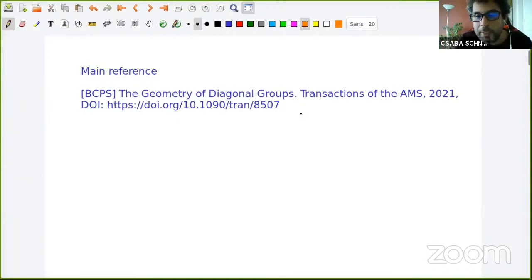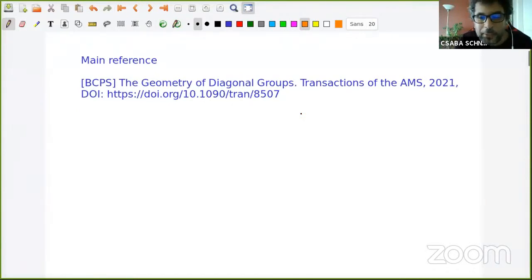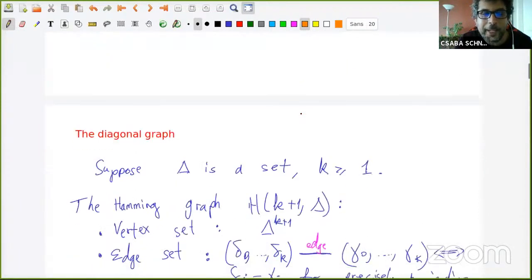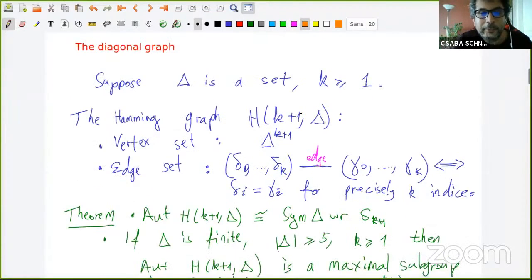Whenever I don't say where a certain result comes from, it comes from this paper. I apologize, the rest of my slides are going to be handwritten, except for a couple of basic keywords.